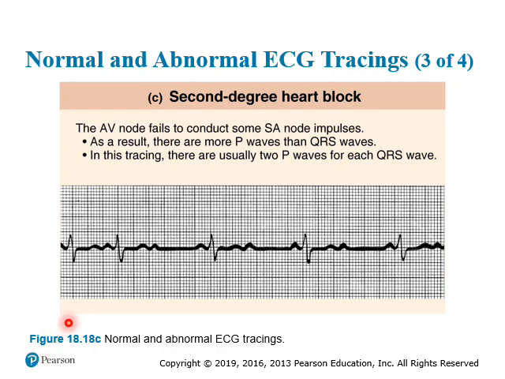Then you have here a second degree heart block. This is when the AV node fails to conduct some SA node impulses, which means there are more P waves. You can see the P waves, but you cannot see much of the QRS.